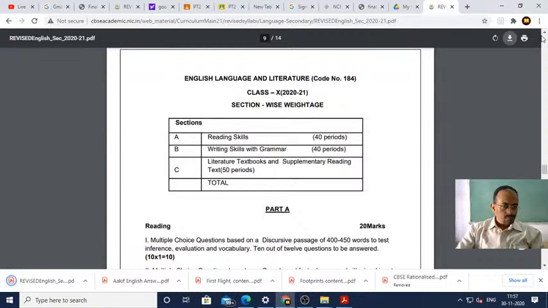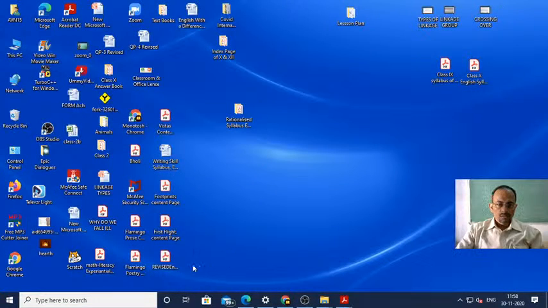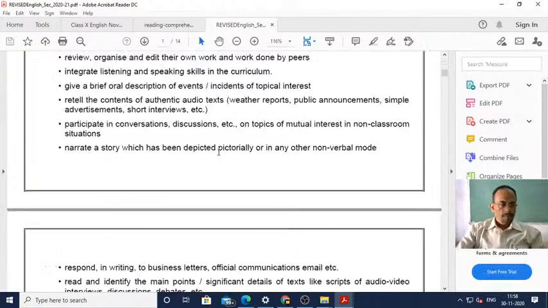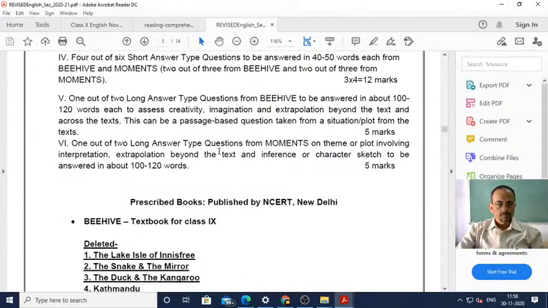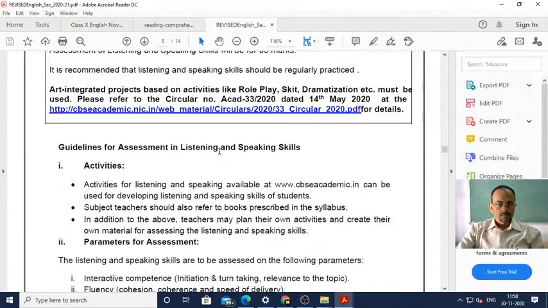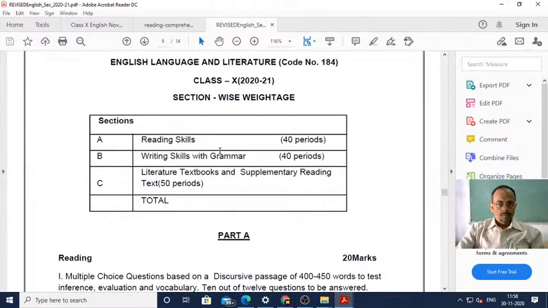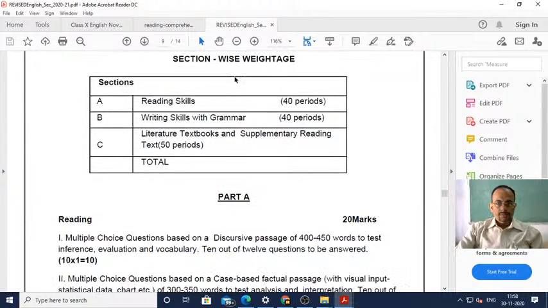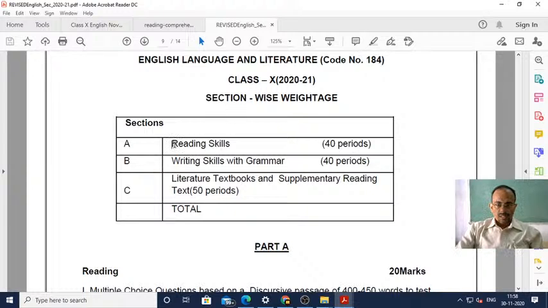Okay, so dear students, as you can see here: reading skill, writing skill with grammar, literature and supplementary reading.